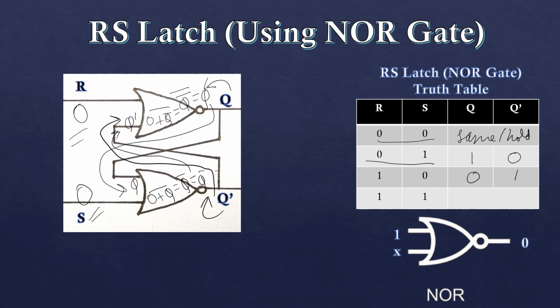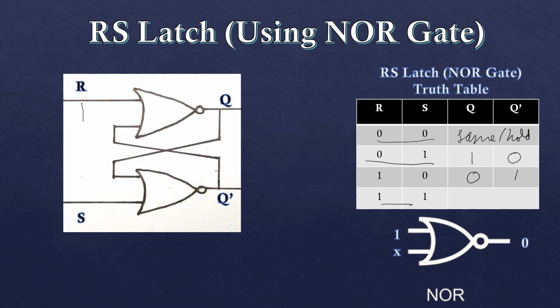Now we'll consider 1 and 1: R is 1 and S is 1. What will be the case? You know that when one of the inputs is 1, then the output is surely 0. But here both are 1. We'll consider from the first gate; you can consider any gate, first or second, and you will get the same answer. So when one input is 1, the output is 0. This 0 will come here, and 0 plus 1, whole bar, is 1 bar, that is 0.